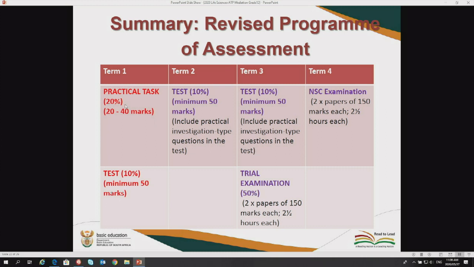So this 20 for the practical plus 10% for the test, another 10 for another test, another 10 for another test brings you up to 50: 20, 30, 40, 50. That is the school-based assessment throughout the year, and the other 50%, as it is currently in CAPS, is the trial examination. So there is your revised program of assessment.